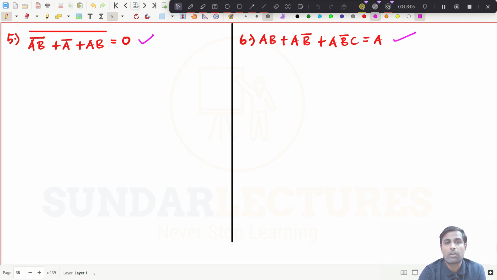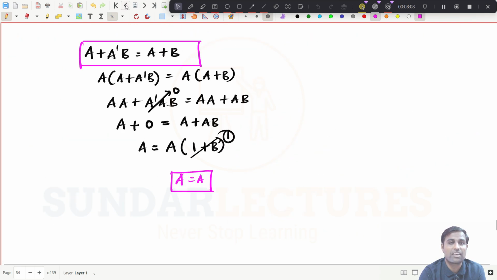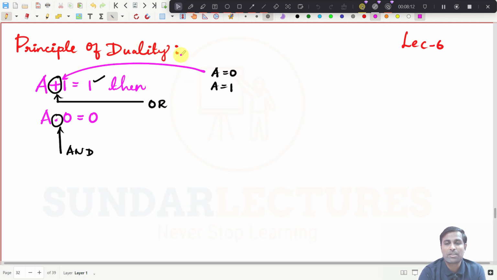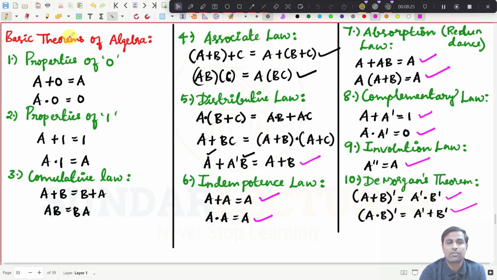So what are all the topics we have seen in this particular class? See, we have started with the principle of duality, and in principle of duality what we have seen, this OR operator can be converted into AND operator, so that this 1 can be changed to 0, this 1 can be also changed to 0. And we have seen so many theorems, basic theorems, all these theorems we have understood, and this is very important theorem.